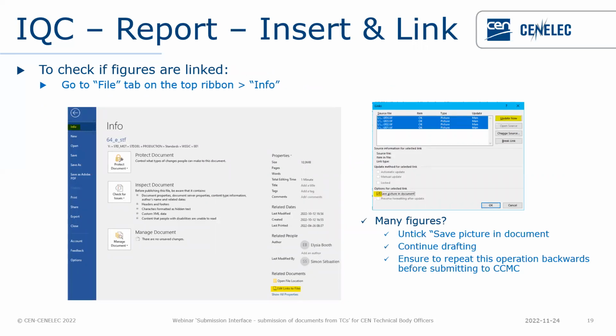This is here the way to find if the figures that you have are linked or not within your Word document. If they are, you will see from the file ribbon, the top ribbon, and then to the info and the right side, edit links to file. If this option is not there, that means that there are no figures linked within the document.